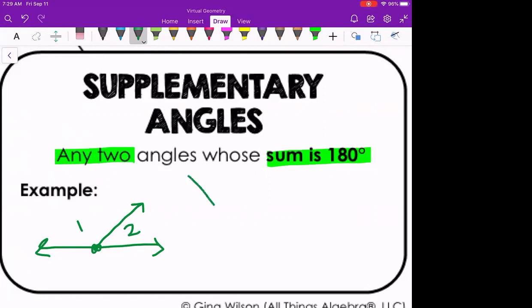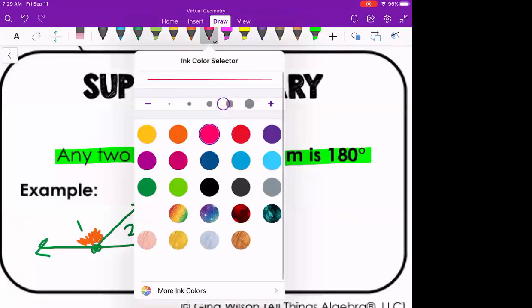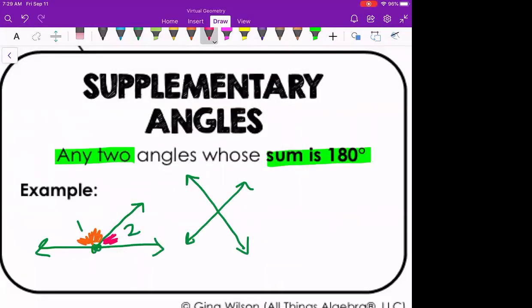When your lines intersect, let's get our pictures back up. That angle 1 and 2 made a linear pair. We had angles 1 and 2 from the linear pairs also make 180. And sometimes we may just have two angles that aren't adjacent at all.